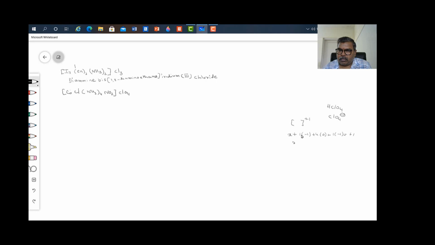So therefore, what is the value of x? It is minus 2, therefore it is plus 3.